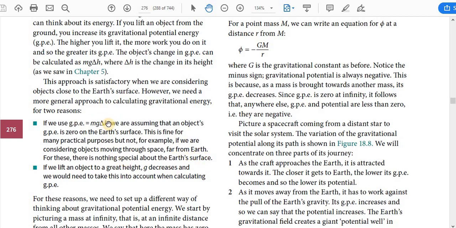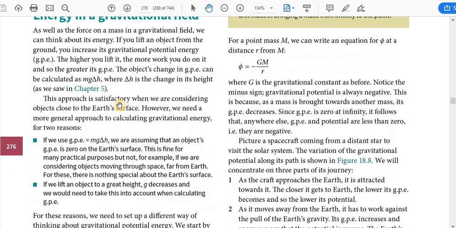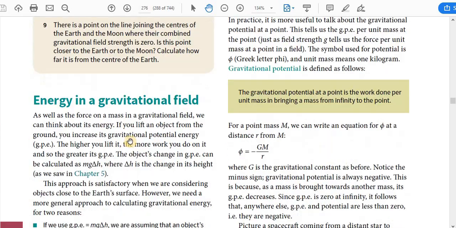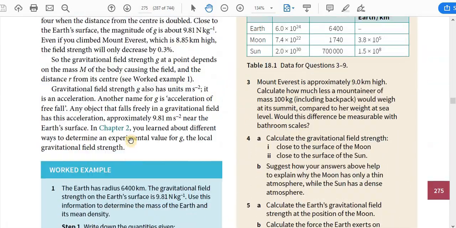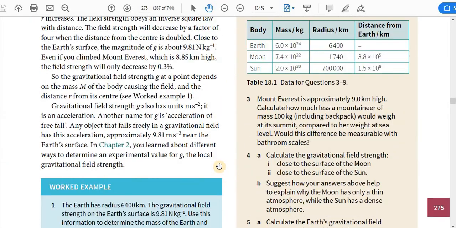So we can't really use this equation to calculate the gravitational potential energy of an object moving through space far from earth. But for objects close to the earth's surface where g is constant, we can use this. Previously we saw that the further the object is from the earth's surface, the lesser will be the g.